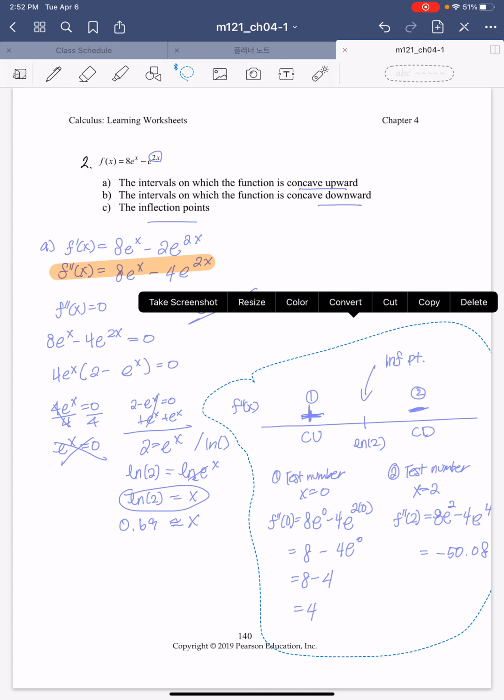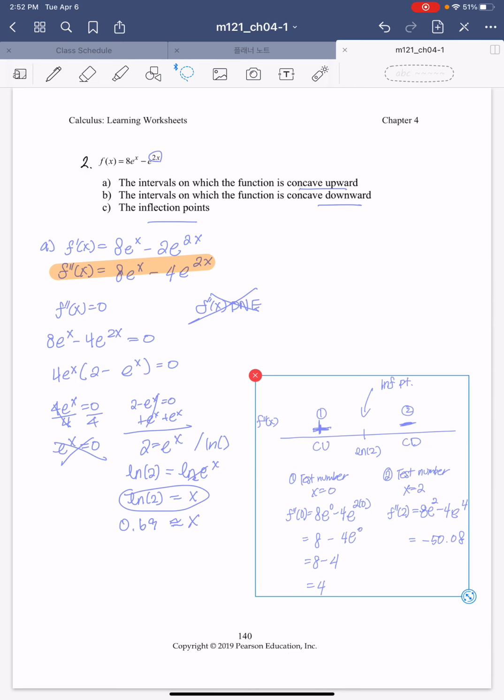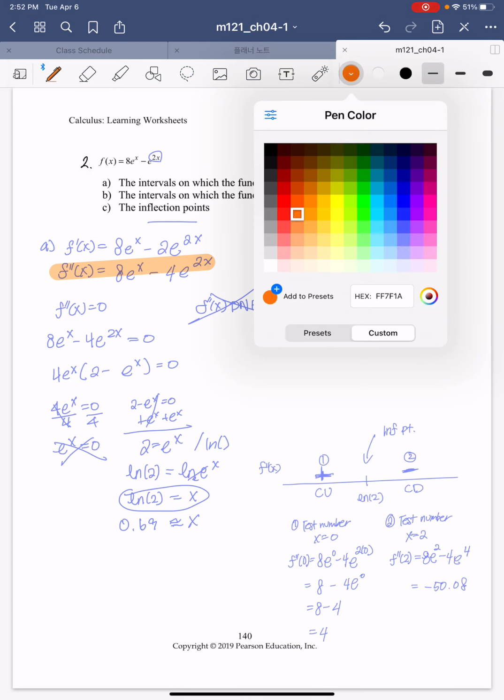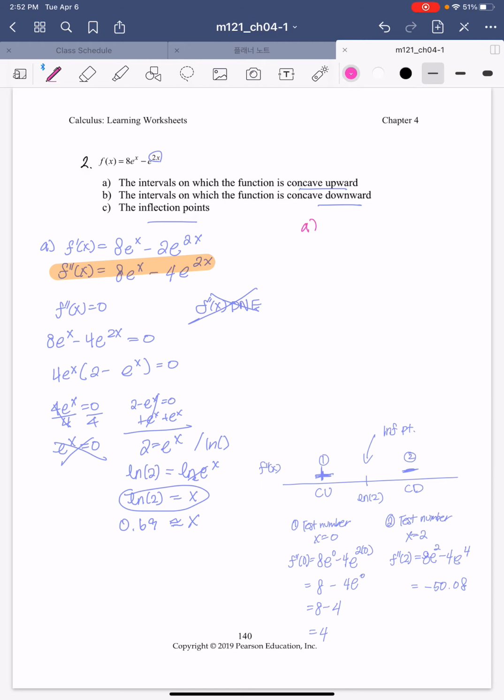Let's make it resize, smaller. Put it right over here. Part A. Concave up right over here.